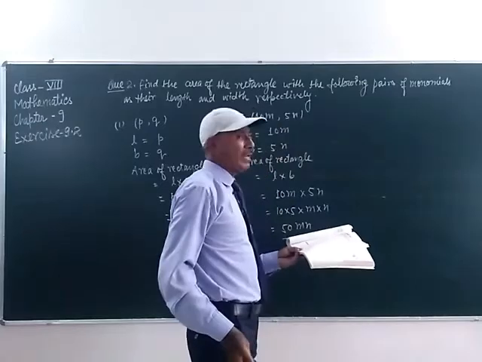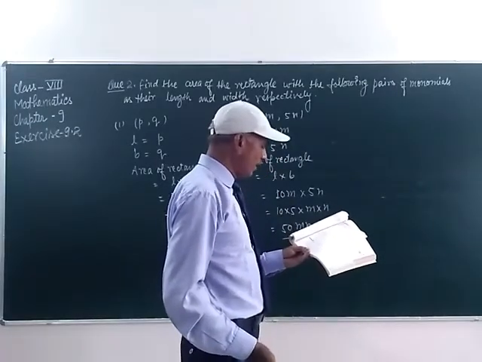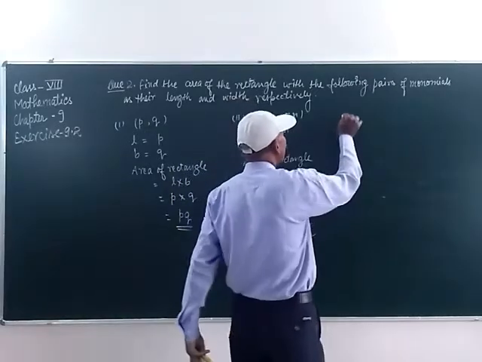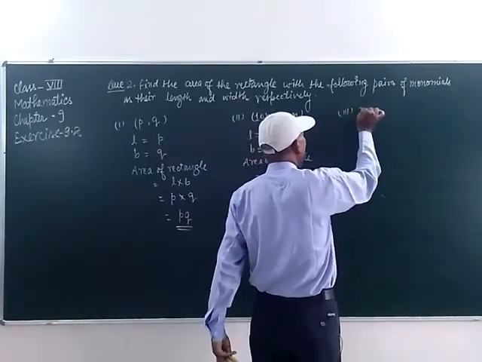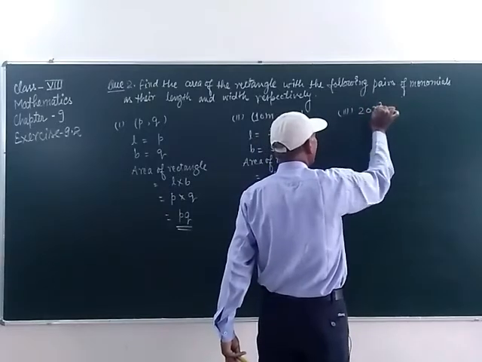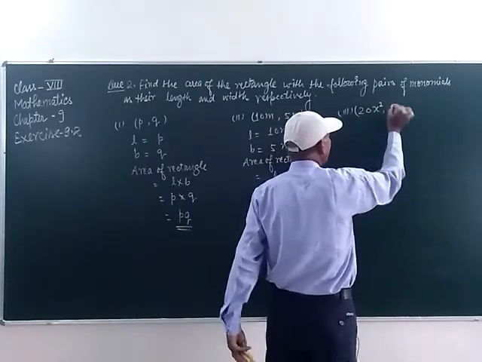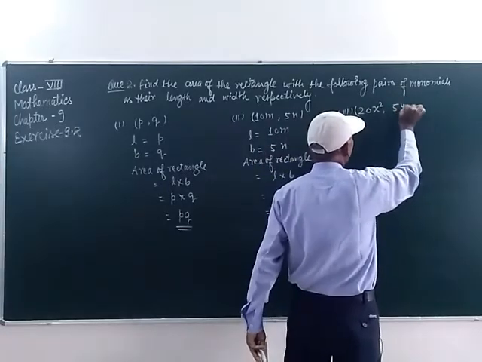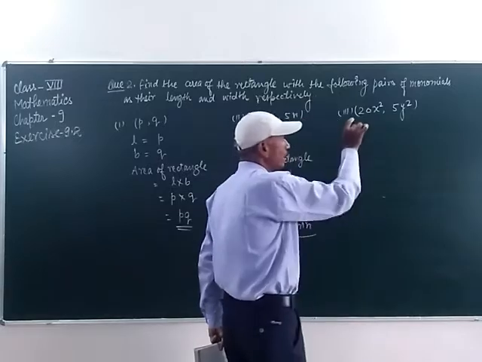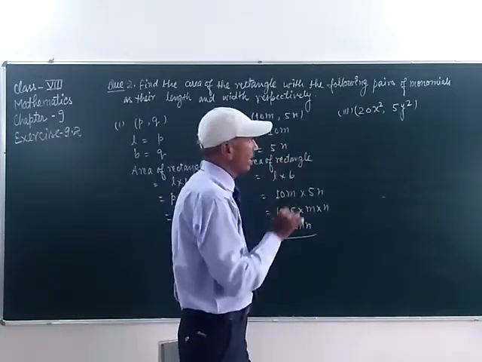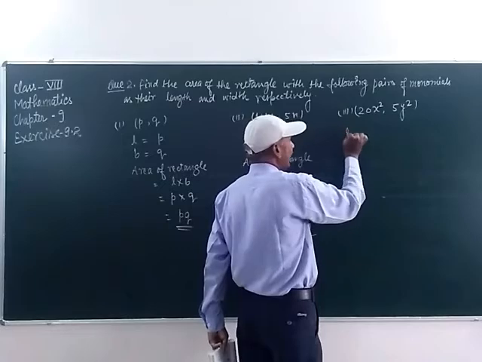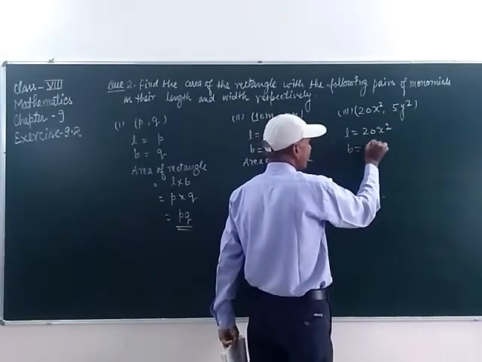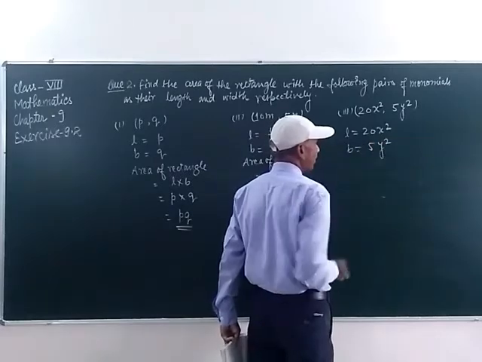And the third part of this question, student, is 20x square and 5y square. This one is the third part of question number 2, student, and in this the length is 20x square and the width is 5y square.